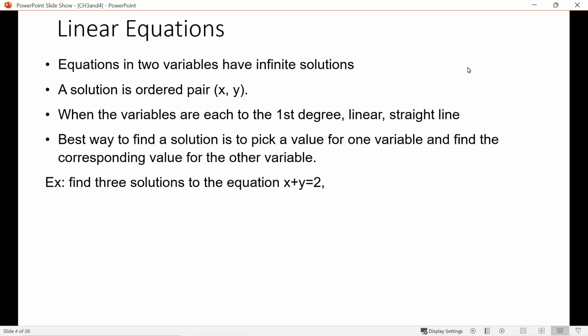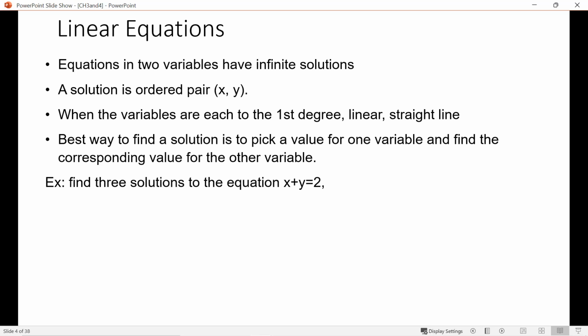So let's just define a few things about linear equations. Linear equations, like all equations in two variables, can have infinite solutions. For that reason, each solution, since we're in two variables, is going to be an ordered pair.